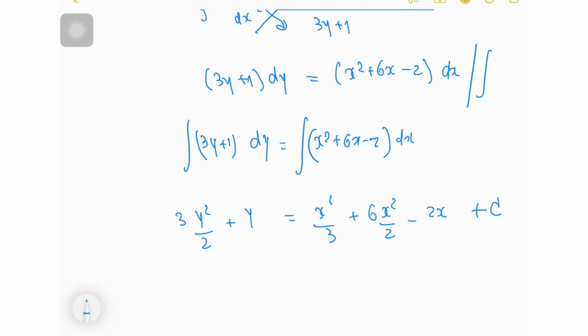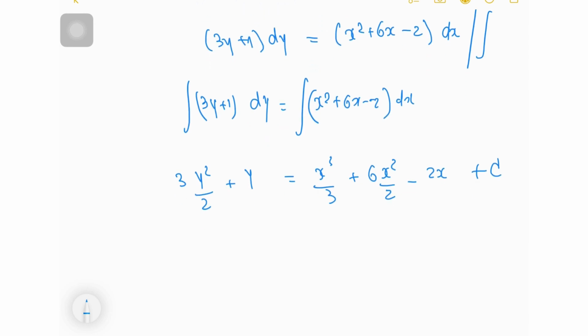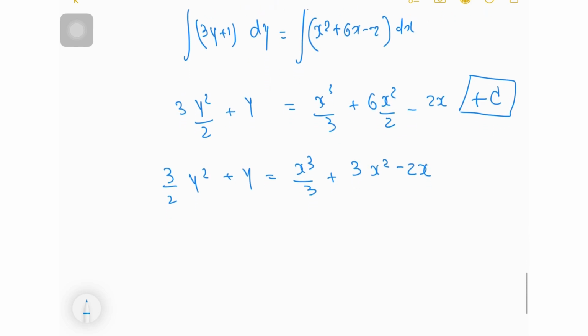Okay, and here is an interesting thing now. So we can write 3 over 2 y squared plus y equals x to the power 3 over 3 plus 3x squared minus 2x. Okay, I will for the moment just forget this c, and you will see shortly why. Let's just multiply both sides by 2, or by 2 over 3.